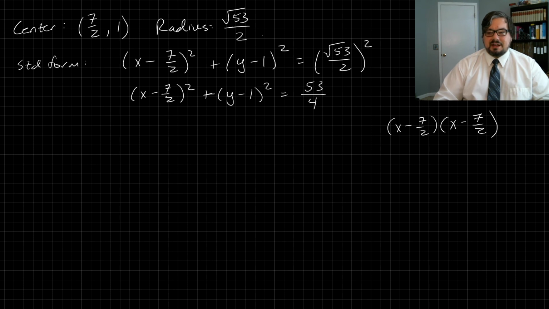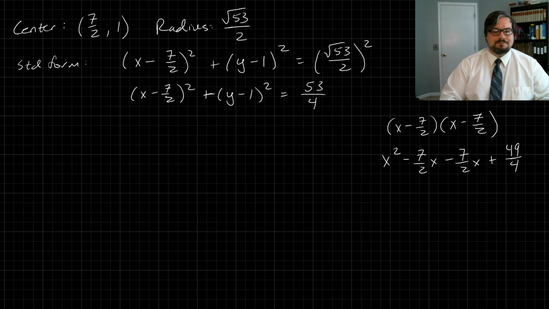We need to FOIL that out. So we'll get x squared minus 7/2 x minus 7/2 x plus 49 over 4. So these two together just make negative 7x. So the first part of this will be x squared minus 7x plus 49 over 4.